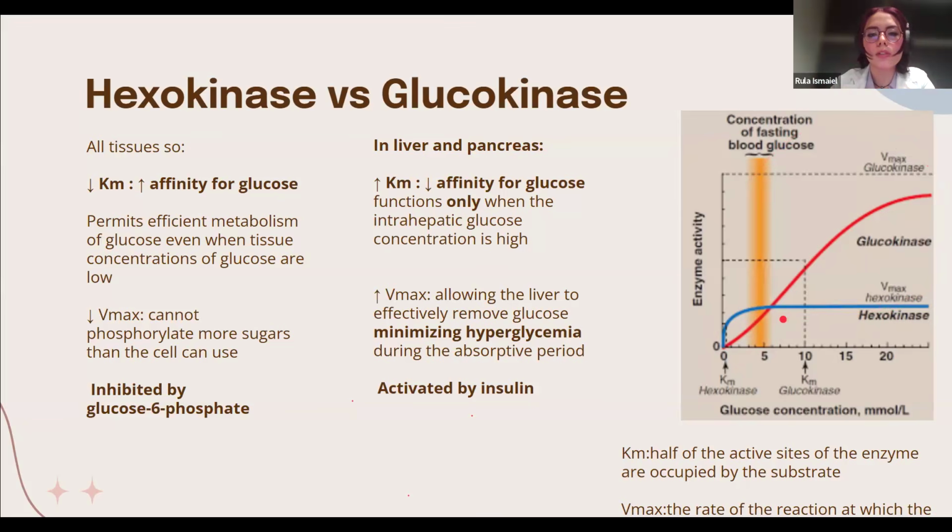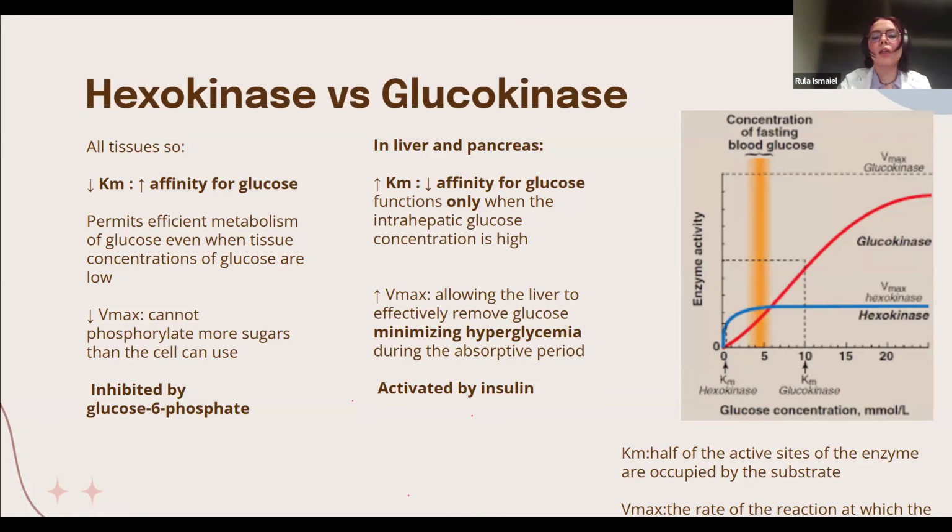Does anybody have more questions before we move on? It's not the concentration of substrates attached to an enzyme, it's the active sites that are occupied by the substrate. So as I was saying, 100 enzymes, 50 of them are occupied with something.